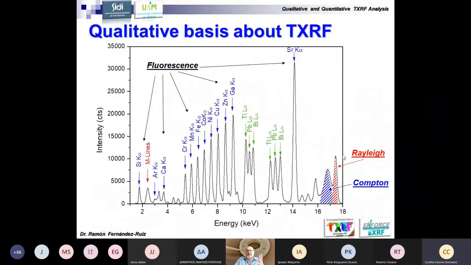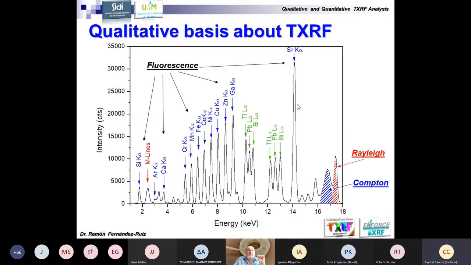Yes, this is true. This is a real XRF spectrum, a well-known spectrum, I think, because I am sure that very many people in the present audience know this spectrum perfectly.